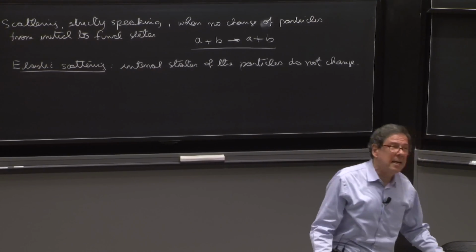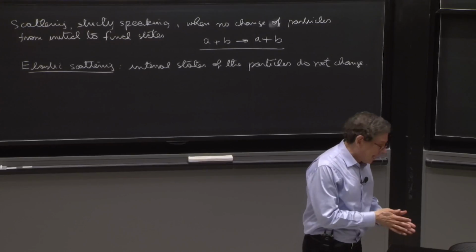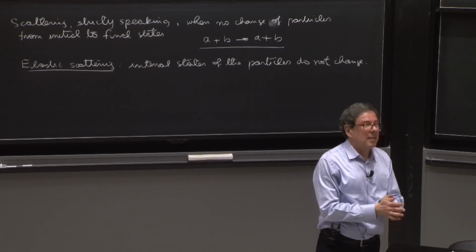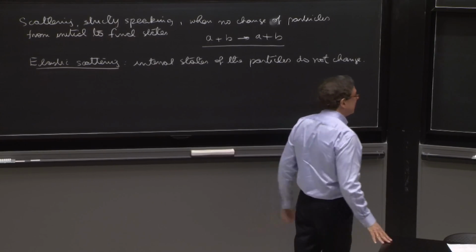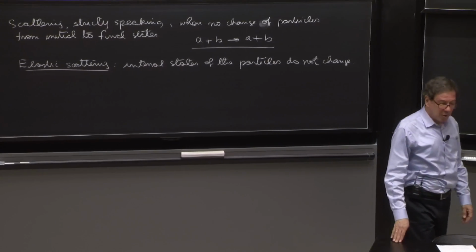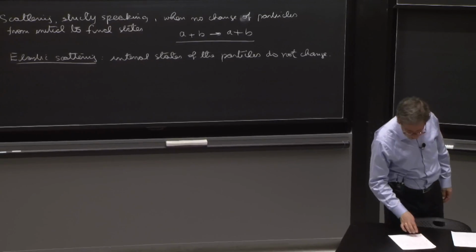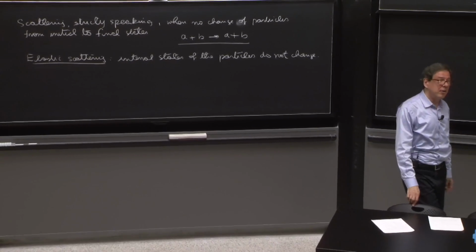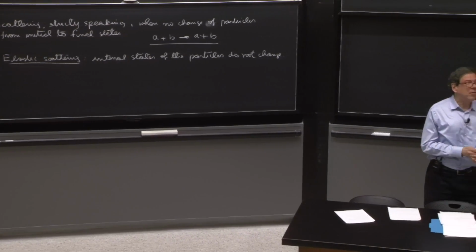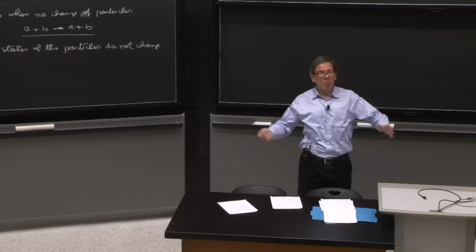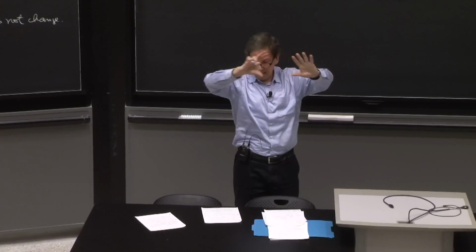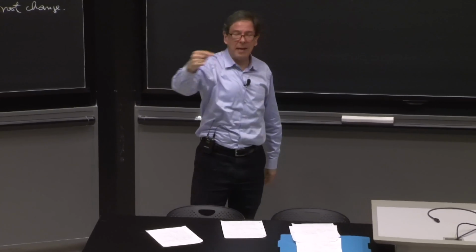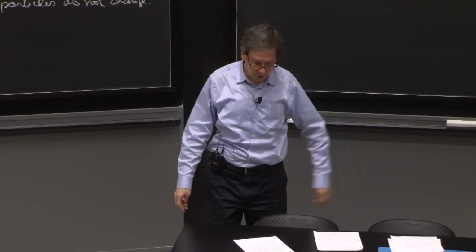A classic example of an inelastic scattering experiment, the most famous historically of those experiments, is an experiment by Frank and Hertz in 1914. They had a chamber with mercury gas, and they shot electrons from one side to the other.